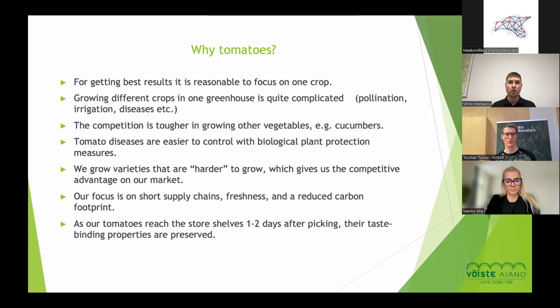Mainly tomato is more resistant. It depends, but they are also a little bit easier to control with the biological plant protections that we are using at the moment. And as I told before, we are growing hard varieties that are a little bit harder to grow, especially in agronomical aspects. And this gives us a competitive advantage, especially in the Estonian market.